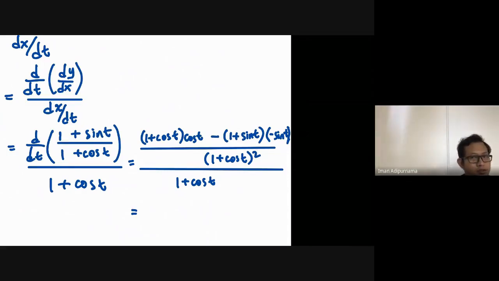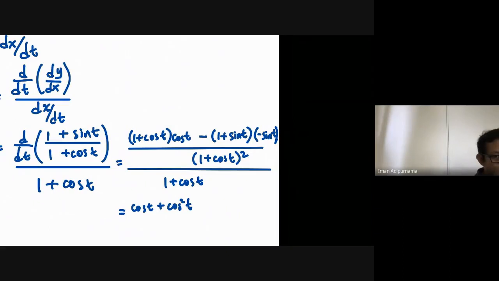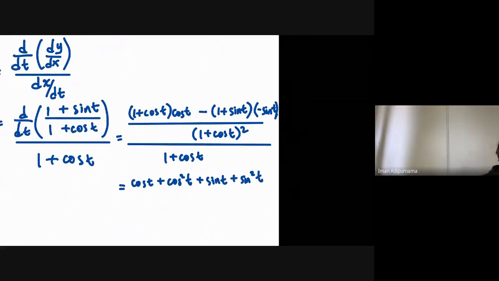And this will be 1 plus cos t multiplied by cos t, which is cos t plus cosine squared t, and then plus sine t, and then plus sine squared t, divided by 1 plus cos t cubed.